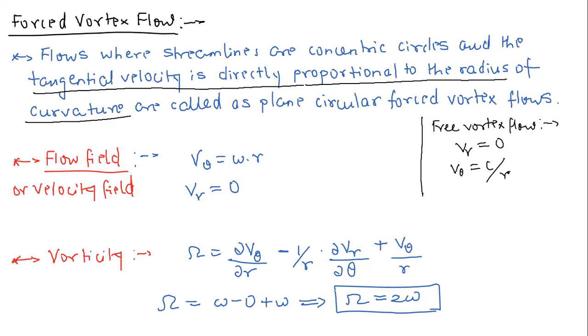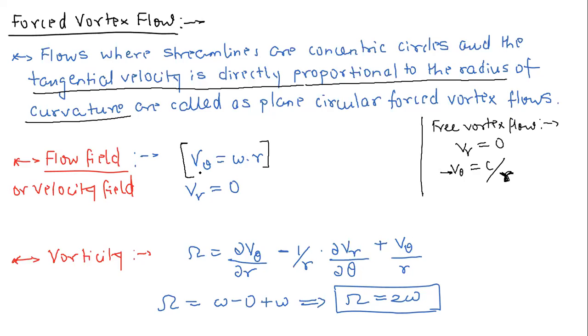So here we observed that this tangential velocity v theta is inversely proportional to the radius. Now in a forced vortex flow, this equation will be different. In a forced vortex flow, we simply say that v theta is equal to omega into r. So this is the case for a forced vortex flow.